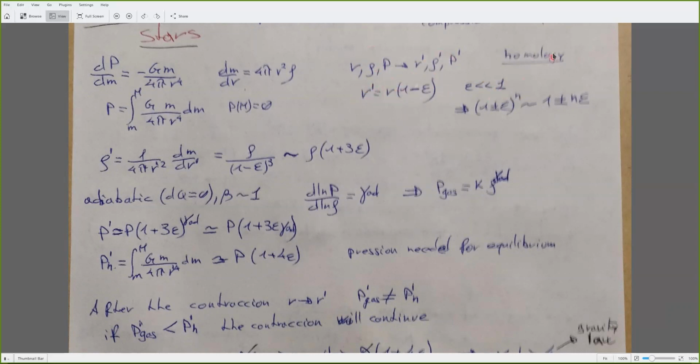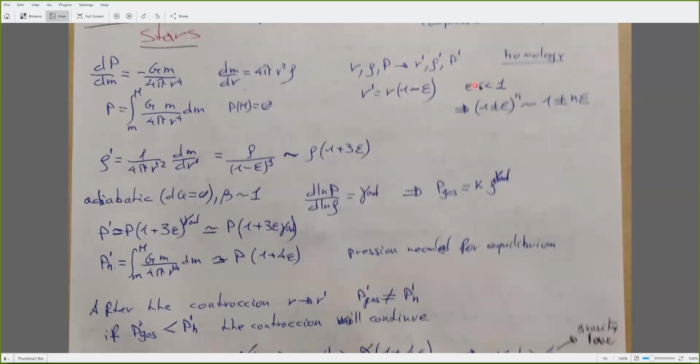These are classical homology relations, because the ratio between the final and the initial value inside the star is constant, for density and for pressure. This is the reason why we introduced homology before, because it's used a lot.